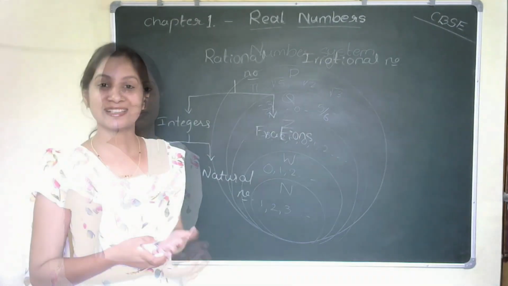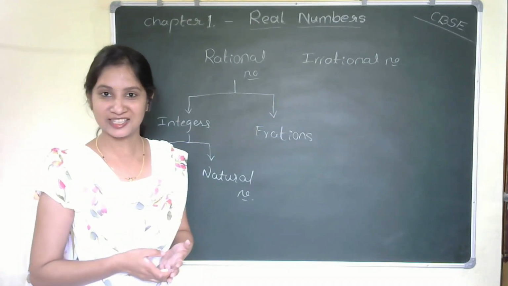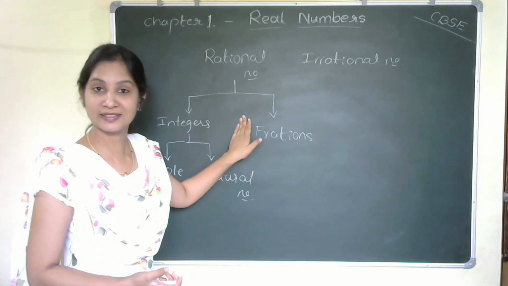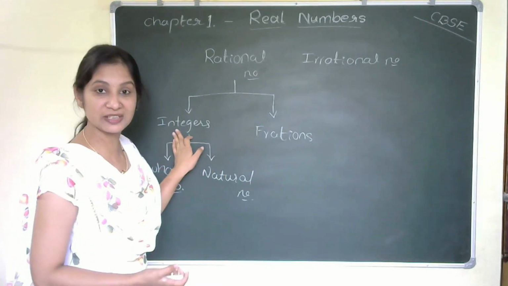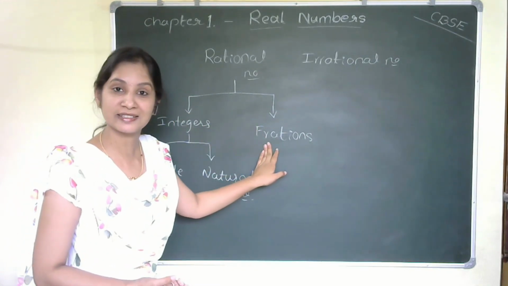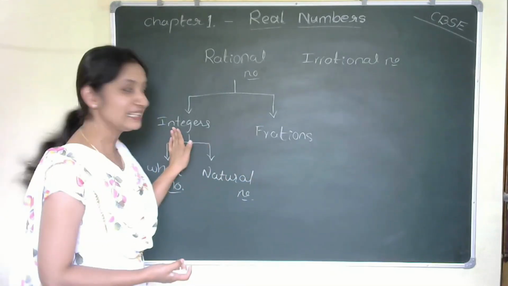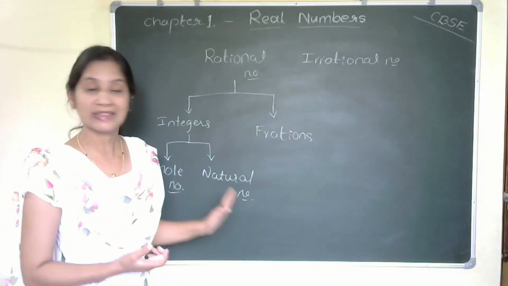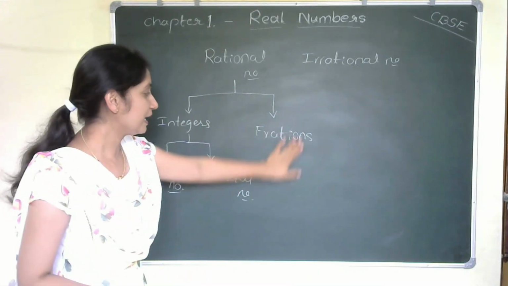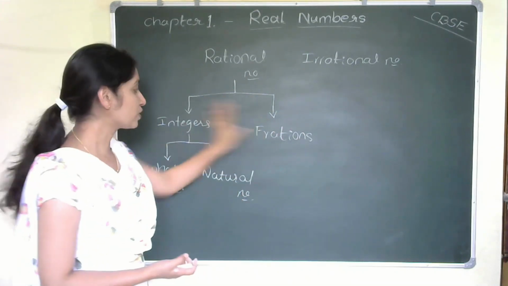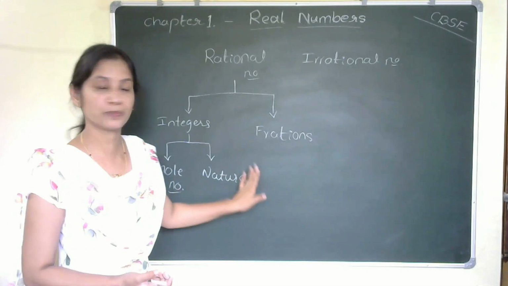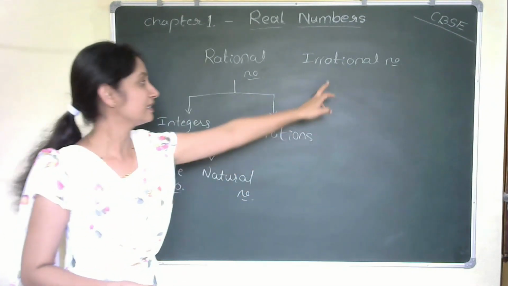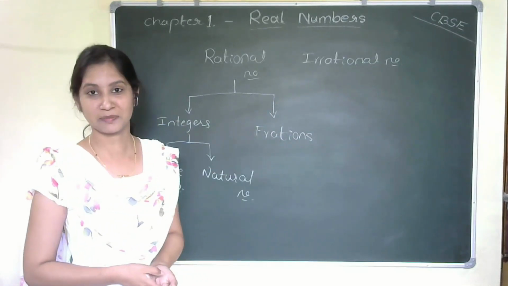We are discussing rational and irrational numbers. You know that rational numbers consist of both integers and fractions, and integers also involve whole numbers and natural numbers. That means if you get a number which belongs to any one of these groups, it is called a rational number. Other than this, it will go to irrational numbers.